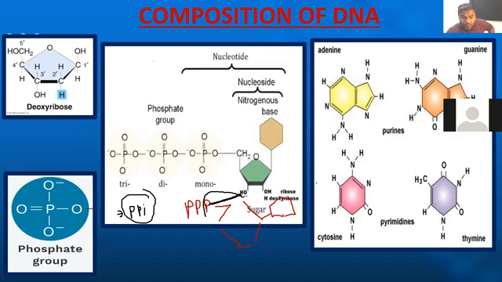Energy. Now, listen to my statements carefully. Whenever the OH group cuts the phosphate, it loses the energy. That energy can be used to join the OH with the phosphate.